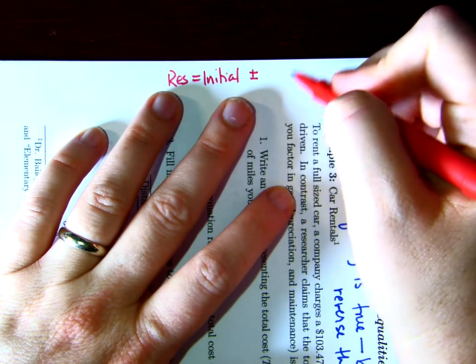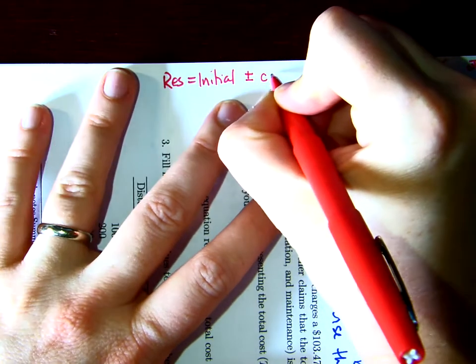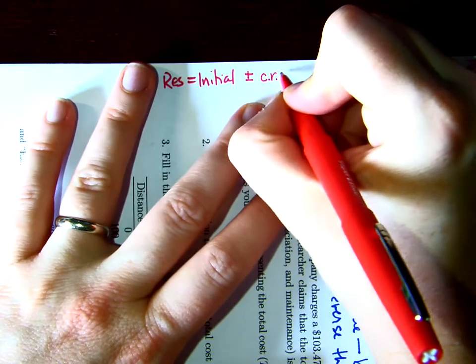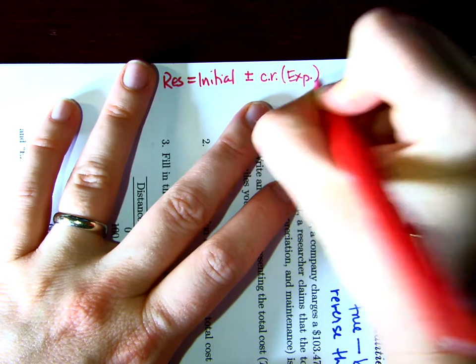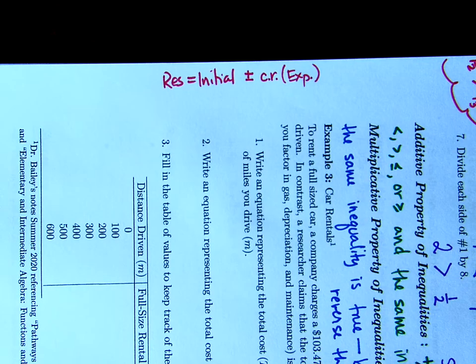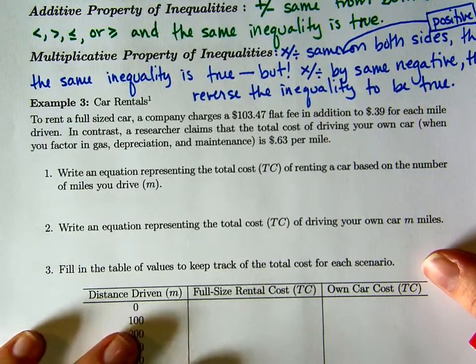If it's increasing by a constant amount or decreasing by a constant amount, the constant ratio times the explanatory variable. Okay, so just bringing back this constant rate of change, constant addition or constant subtraction.